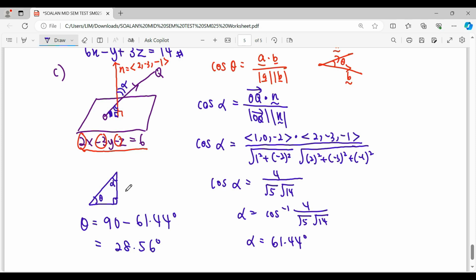So here will be the angle for the vector OQ and the plane. This concept is similar to the concept of the angle between a line and a plane, because when we're doing the angle of a line, what we take here is a direction vector of the line. So that's all for this.